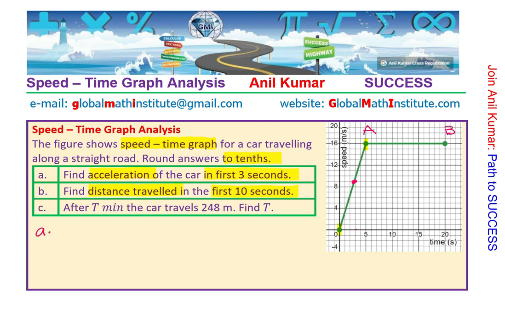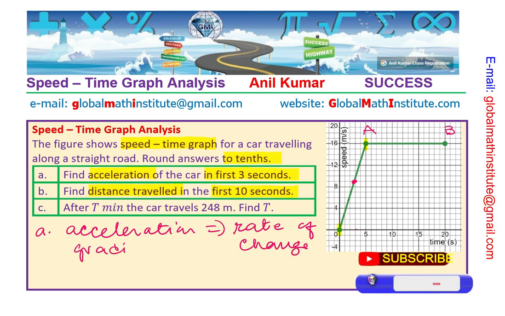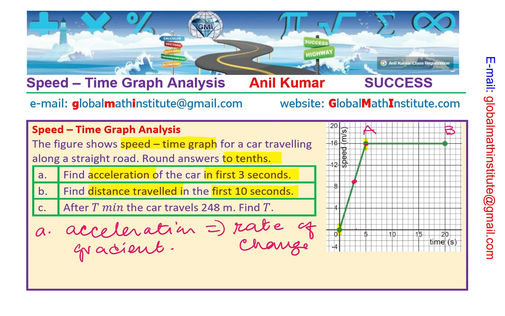So part A, which is acceleration, basically is rate of change, or gradient. Now this gradient is same at any point from the origin to A, right? So you can also use the value which is given to you.